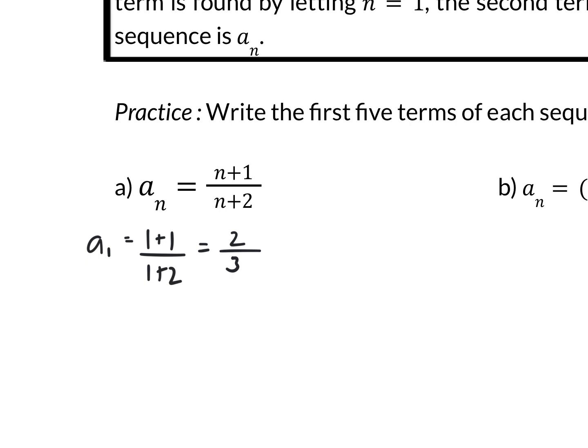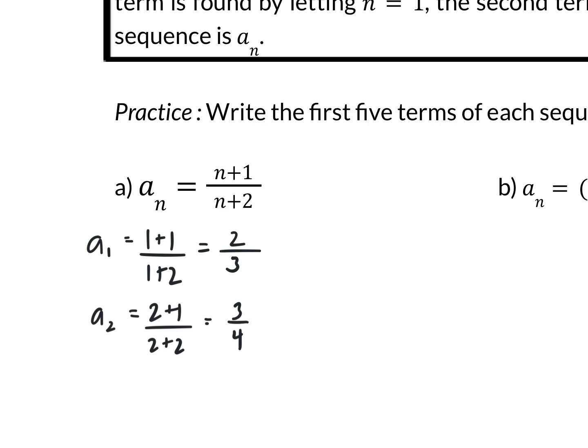My second term we would denote with a sub 2, and I'm going to plug 2 in for n. So 2 plus 1 over 2 plus 2, which would be 3 over 4. I do not expect you to show your work every single time, because do you think you could probably figure out these other 3 terms just by plugging it in your head?